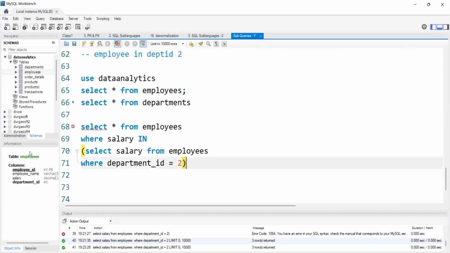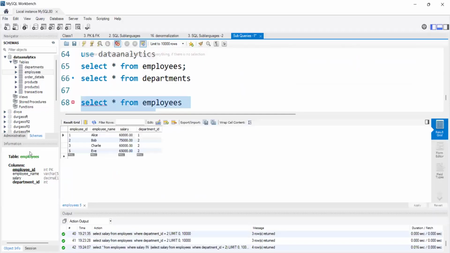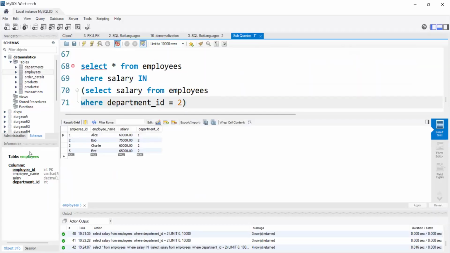Here let me just execute this. I got this many values here. In the output, don't get confused by seeing department ID 1. We are not trying to fetch the data of employees from only department ID 2.